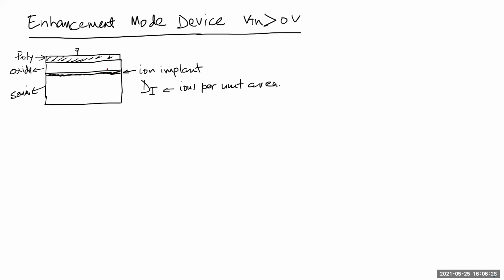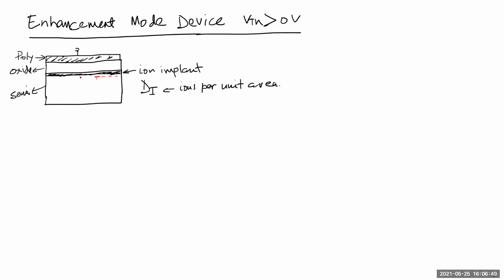So these are not mobile charges, they're fixed, immobile charges. So you implant them. Now you have to overcome this as well before you invert the channel, because these are negative, immobile charges.